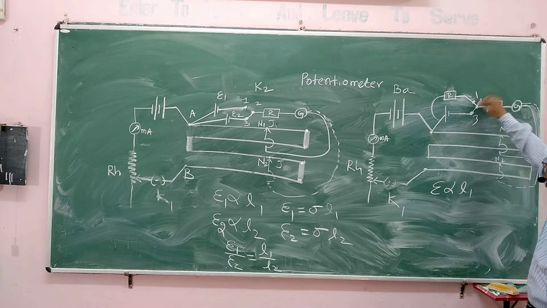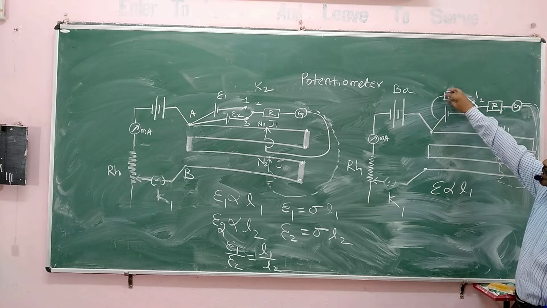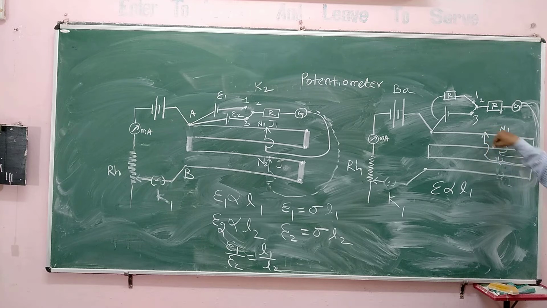Now connect 1 and 2, 3 and 2. Take out some resistance. Move the jockey over the wire till the galvanometer gives zero deflection.